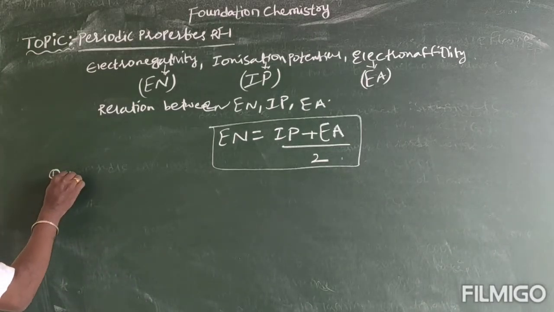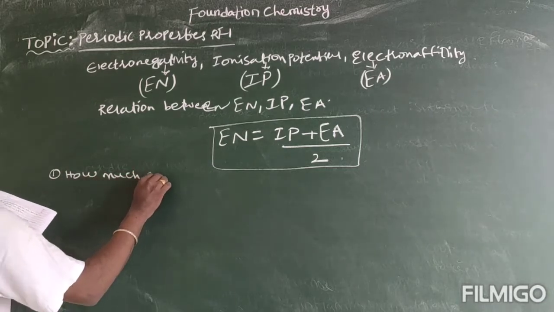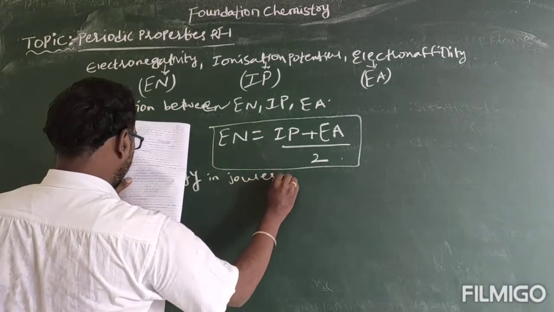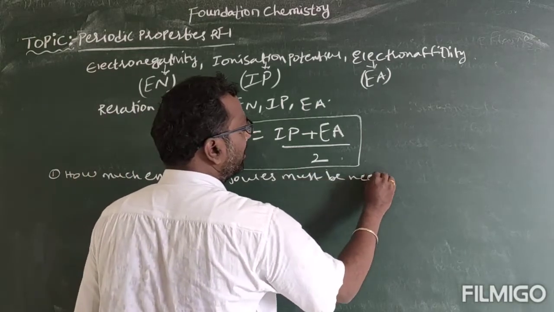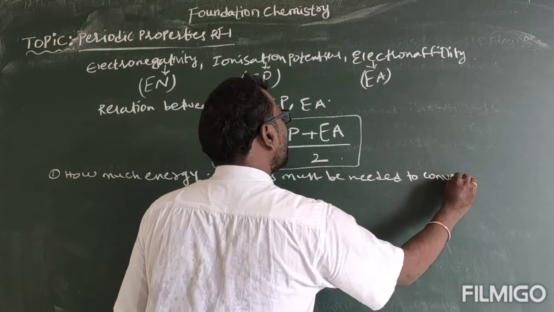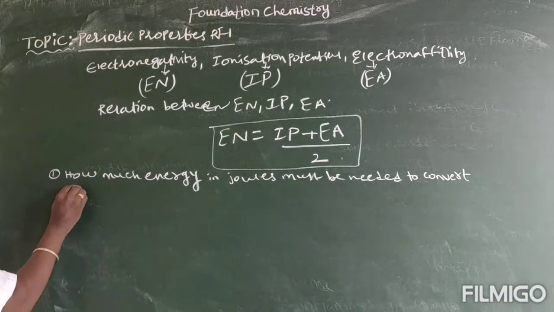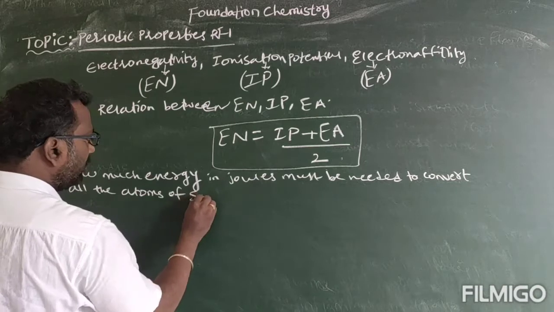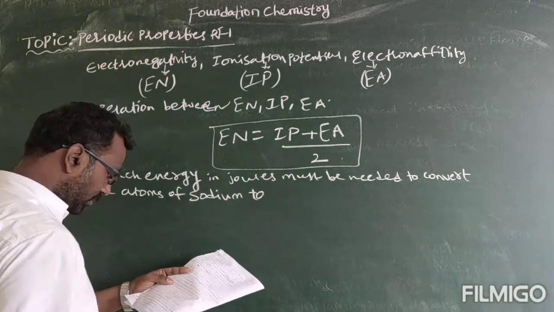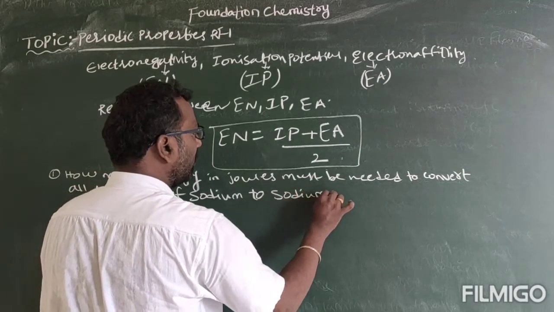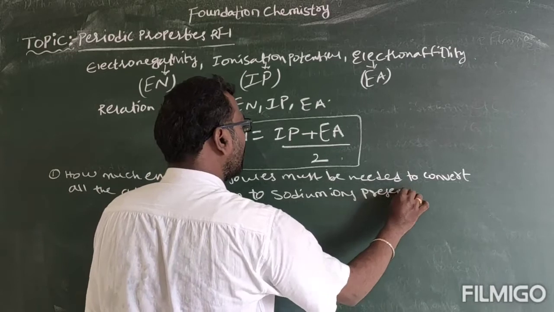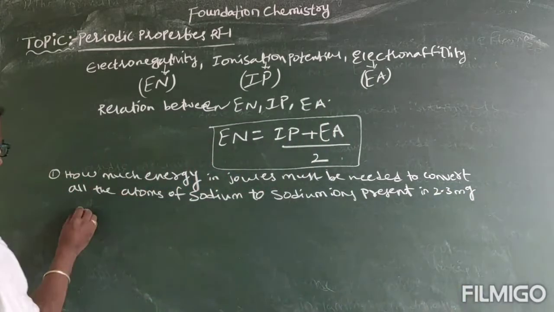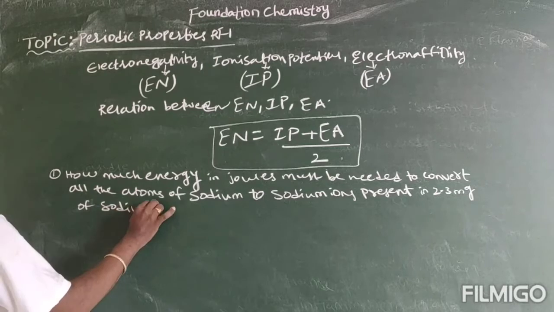How much energy in joules must be needed to convert all the atoms of sodium to sodium ions present in 2.3 milligrams of sodium vapors.